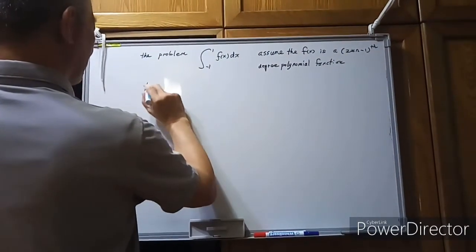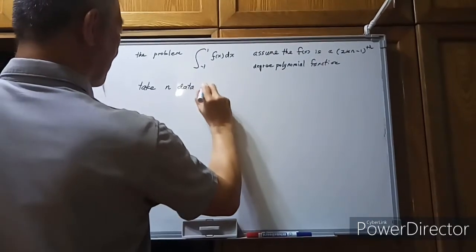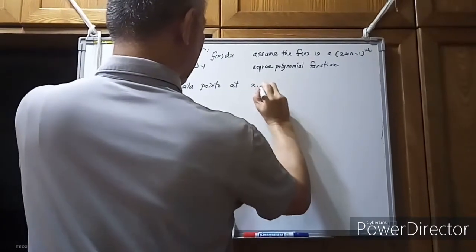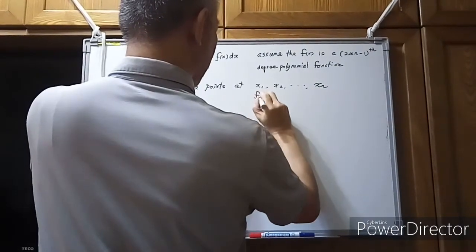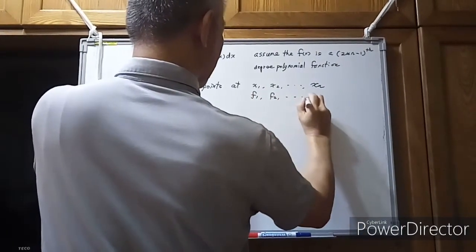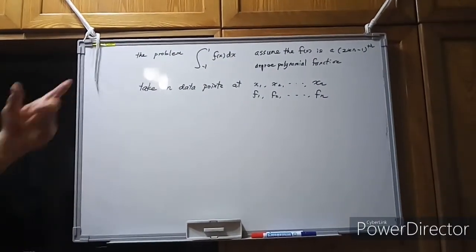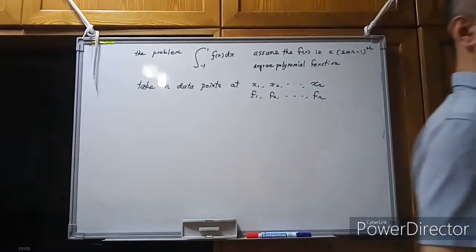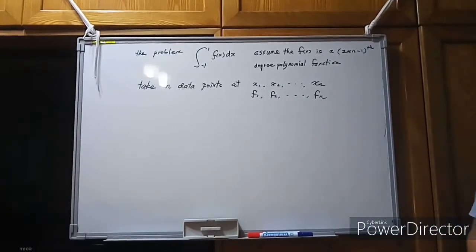And we will use... Okay, since we know the function f of x, if we take n data points, then we can calculate the corresponding function values f1, f2, until fn.